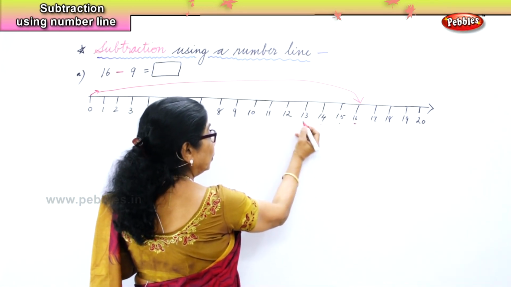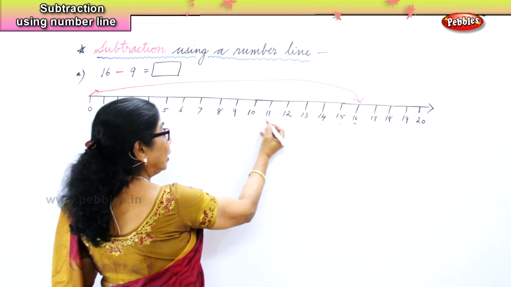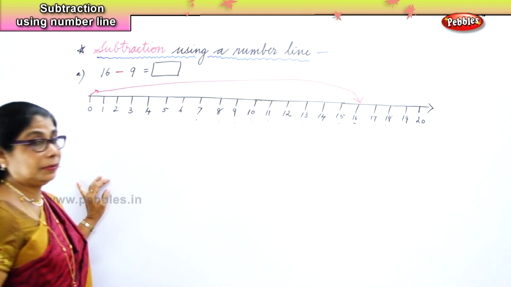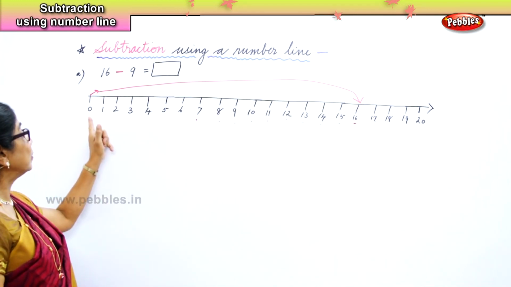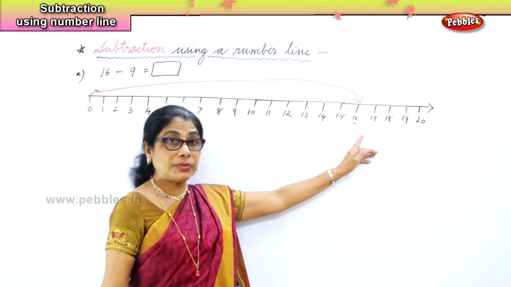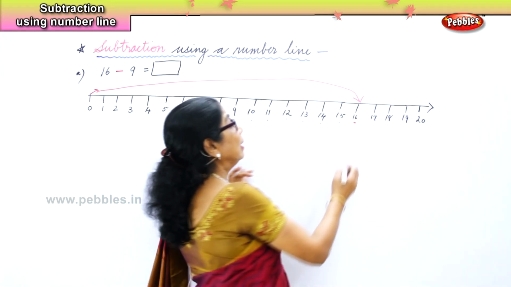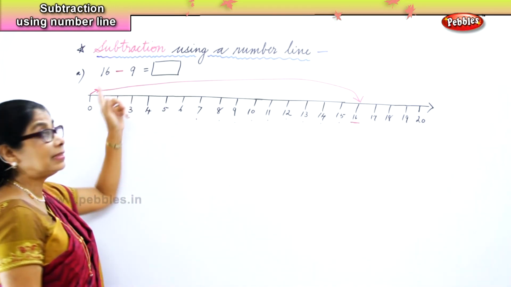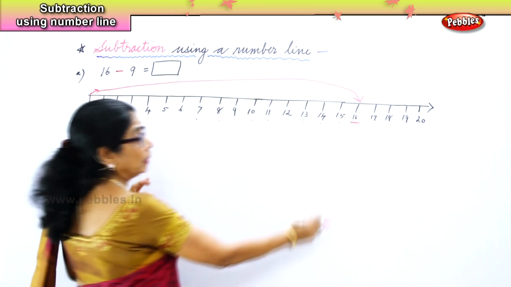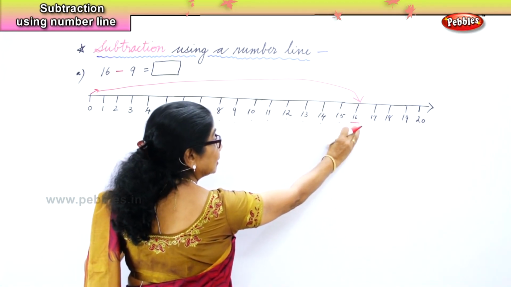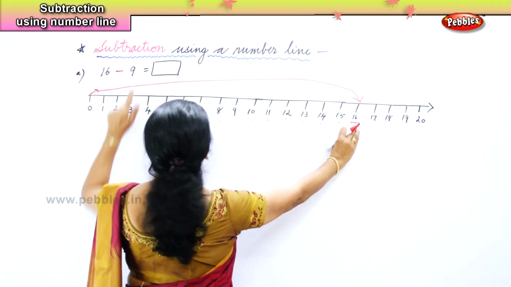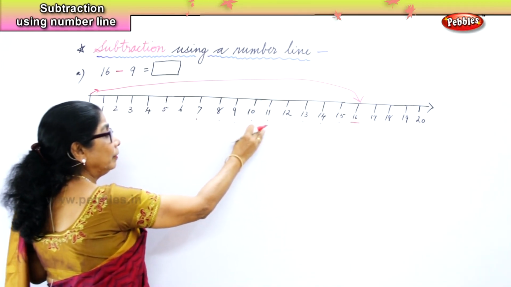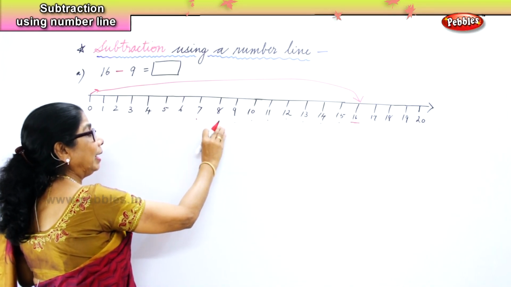1, 2, 3, 4, 5, 6, 7, 8, 9. Okay? First you jump from 0 right up to 16. That's the number given. Then minus, take away 9 numbers. From the 16, you count 9.